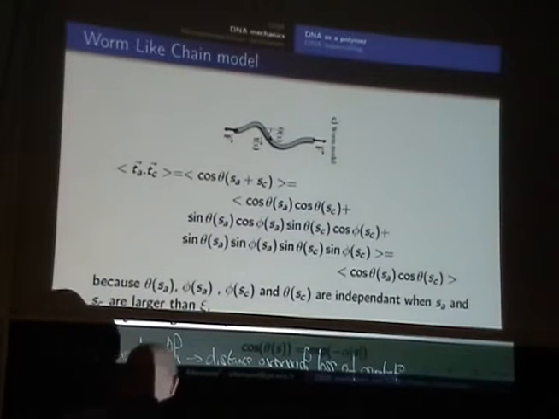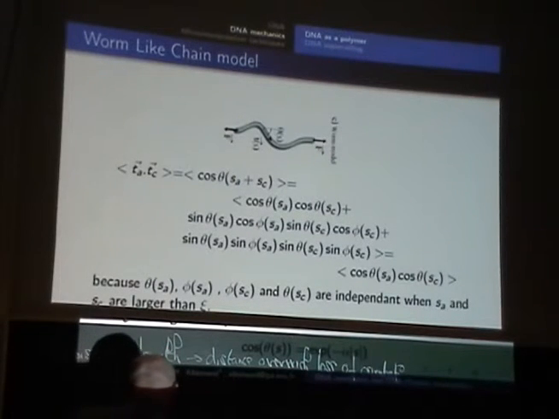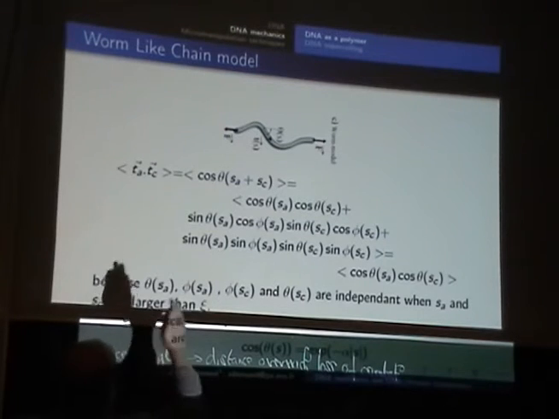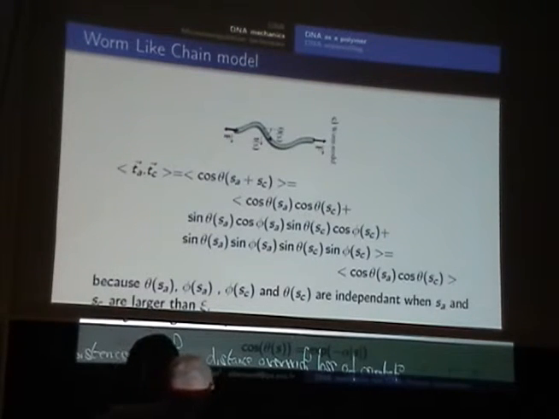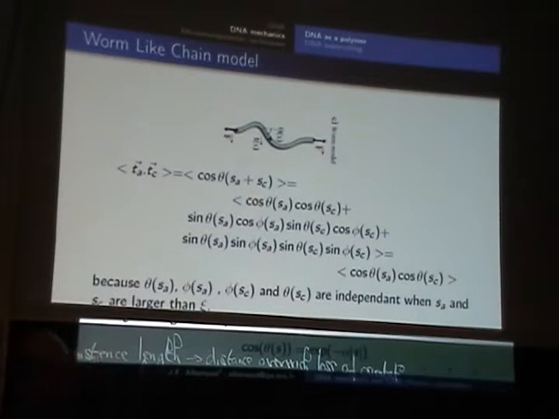And we want to see how the cosine of the angle that the polymer takes along the chain varies with the distance along the chain. So this is the curvilinear distance.